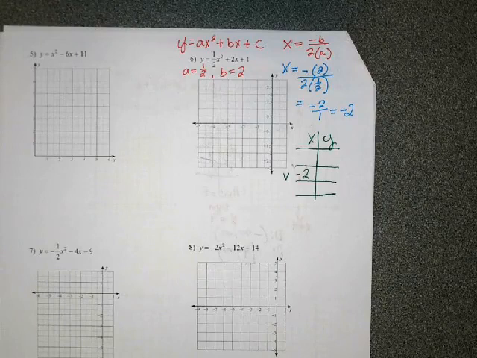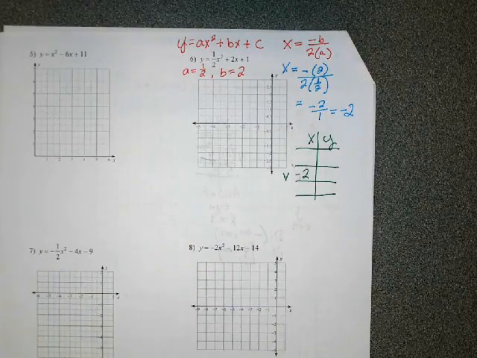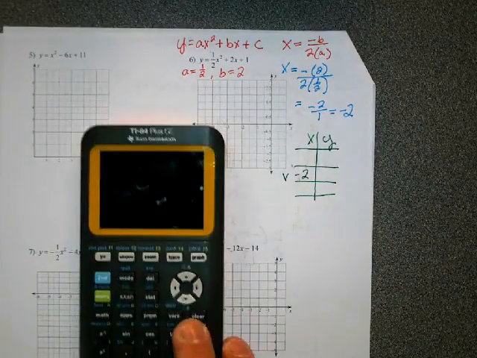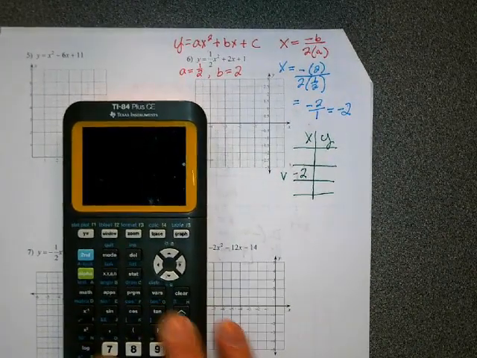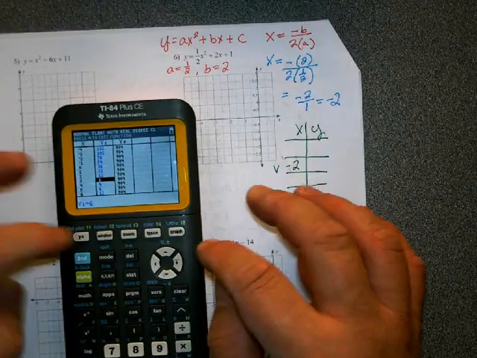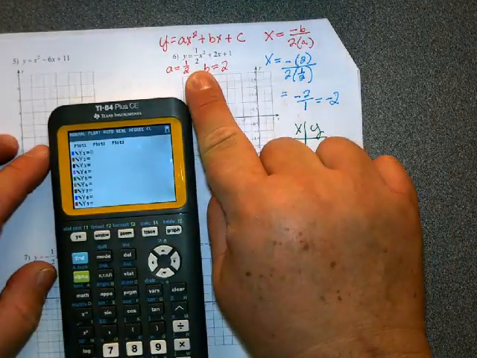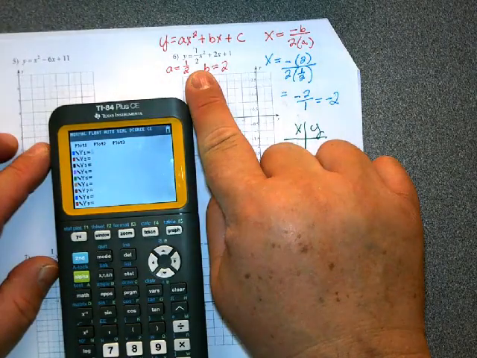So this time I'm going to put the equation in there, and you got to be careful. Any fraction, you have to put fractions in parentheses in your calculator. Otherwise, it does funny stuff. It actually follows PEMDAS.